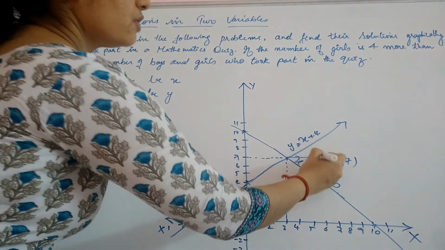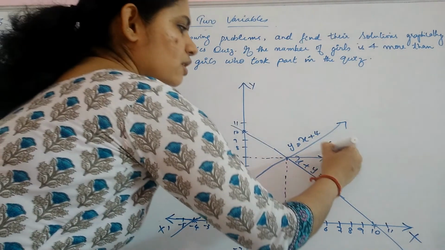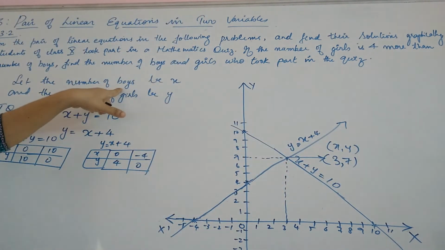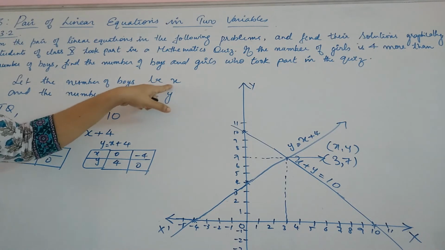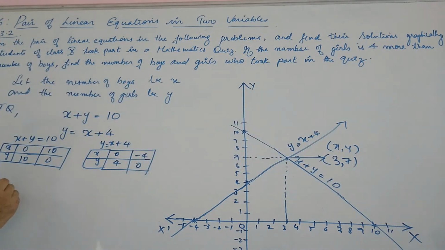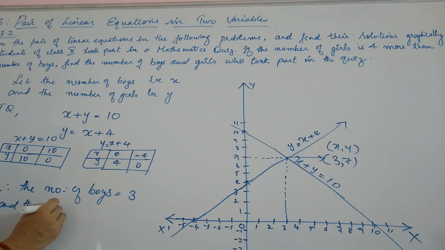This point 3 comma 7 is x comma y. And which one did you take as x? The number of boys. So the number of boys x is 3, and the number of girls y is 7. Therefore, the number of boys is equal to 3 and the number of girls is equal to 7. That is your solution.